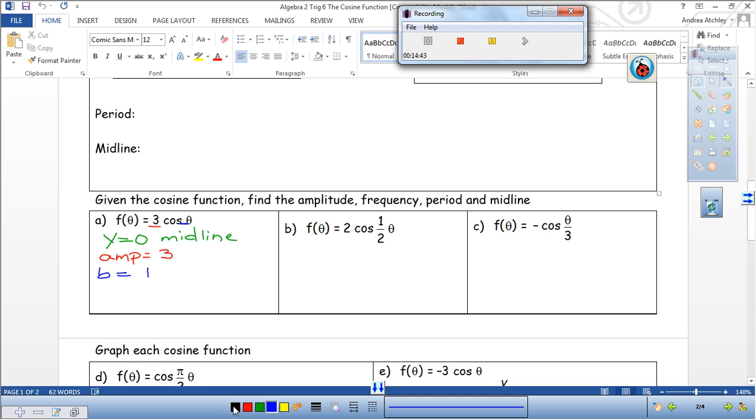Then we have the period, which is 2 pi divided by b, which is 2 pi divided by 1 then. The period equals 2 pi. Any questions over that? Okay, do the next one on your own.